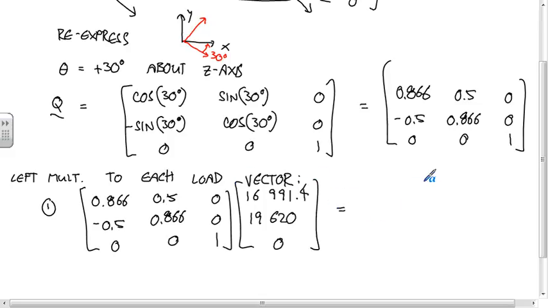We get a new force vector in this rotated coordinate system of 24,525, and then the y value is 8,495.7, and the z is 0.